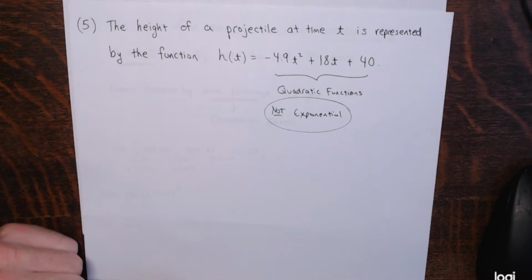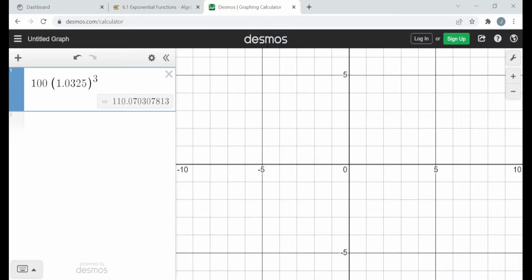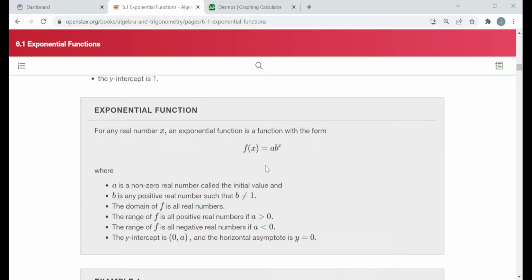All right, and that's it for this video. That's all the examples I have. So again, the key is recognizing this, recognizing when you can write a function in this form with a non-zero initial value, and a base that is positive, but also not 1, right?